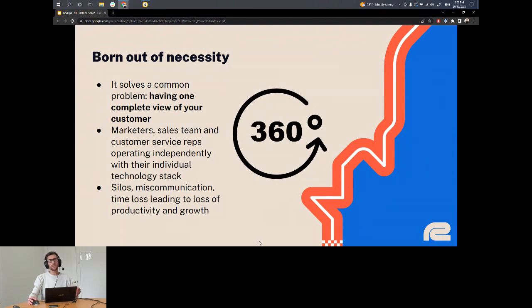So it solves the common problem of not having one singular 360-degree view of your customer, and instead having your marketers, sales team, and customer service reps operating independently with their own individual technology stack and their own data, because that leads to data silos, miscommunication between the teams, a loss of productivity, and eventually that slows down your business growth.